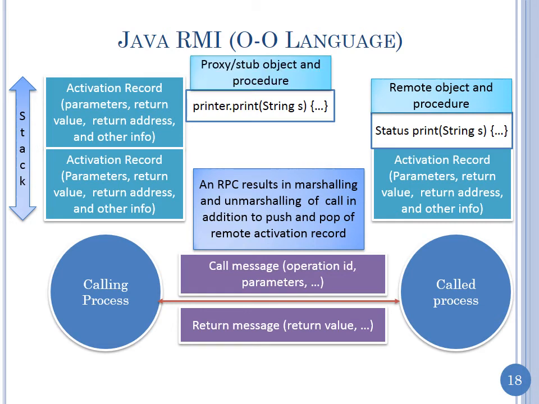So we now have not only a remote procedure, but a remote object and procedure. And we not only have a proxy or stub procedure, but also a proxy stub object in addition. And again, as far as I know, Java is the first language to have object-oriented remote procedure calls.